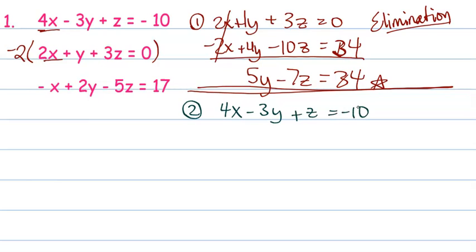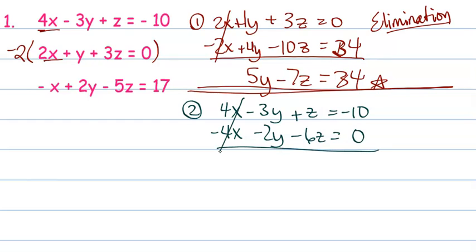And I'm going to get, let's see, -4x, that's what I wanted. -2y, -6z, and then times 0 is still 0. That one works out nicely. Cross those off. I get -5y -5z equals -10.